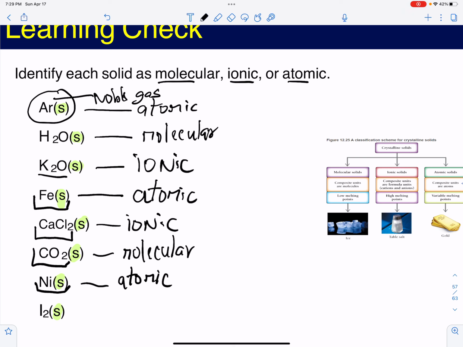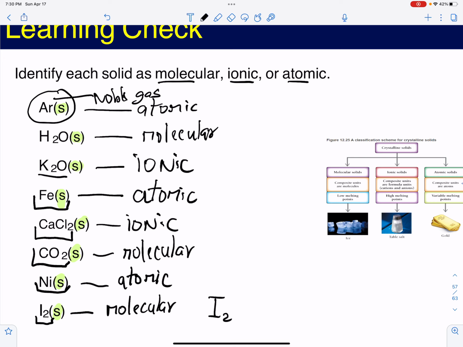Remember, the only atomics are going to be the metallics, the noble gases, and the ones that make a network, like diamond, graphite, silicon, stuff like that. And this one is a molecule, so this is also molecular. Because notice there's only 2 of them, right? So that's not a network.